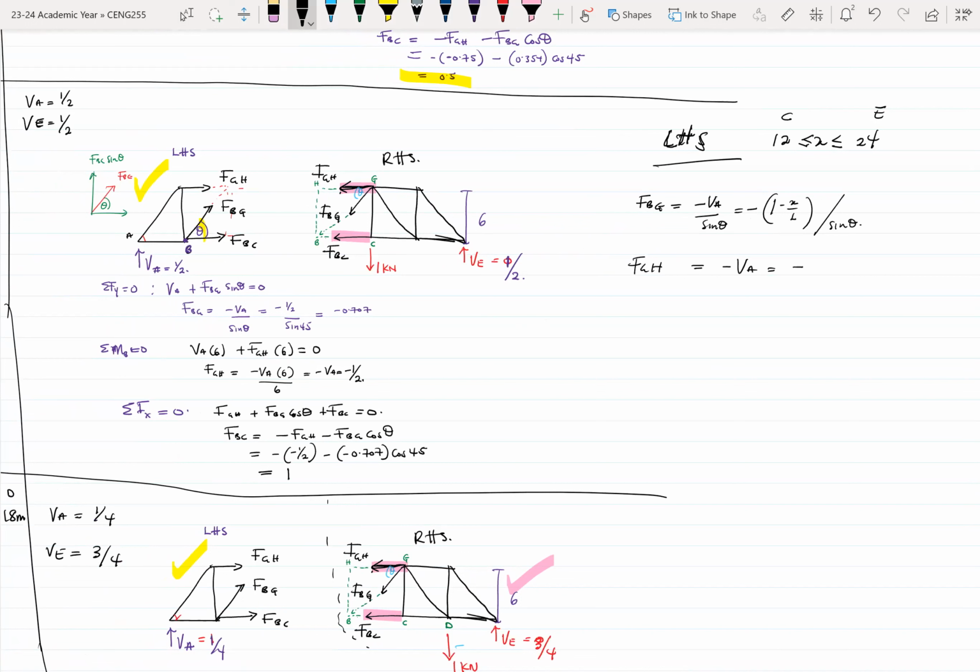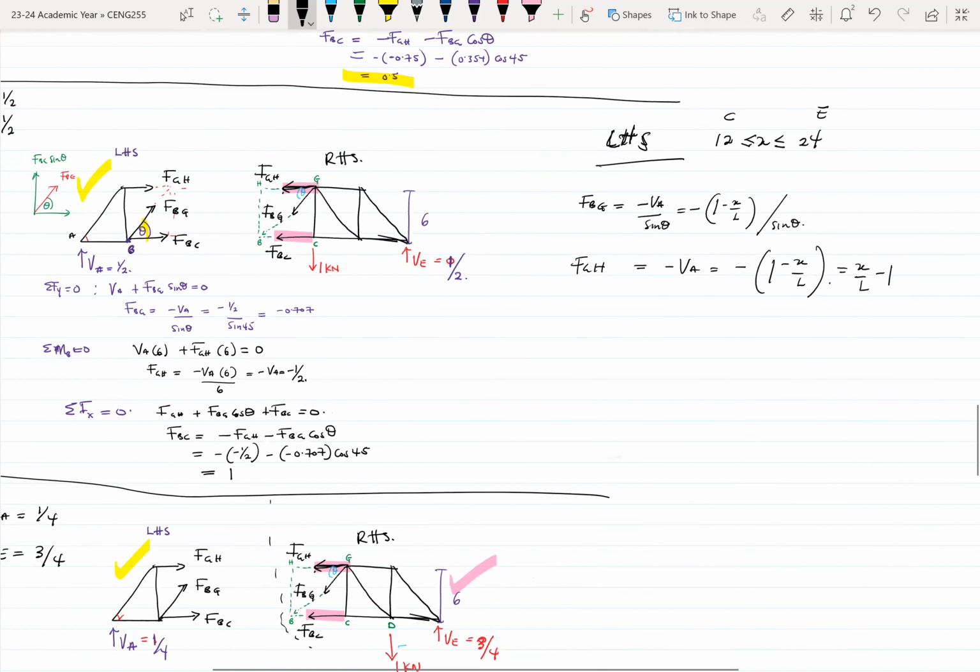So it becomes minus into brackets 1 minus x over L. You can again expand, and when you expand, this simply becomes x over L minus 1. Let me just complete it, and then it should be okay.